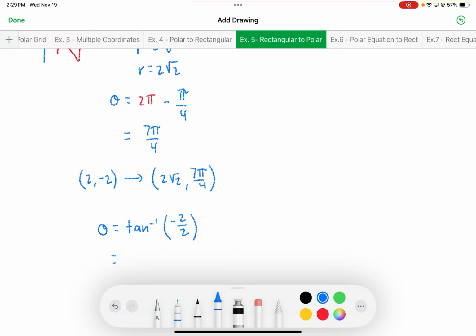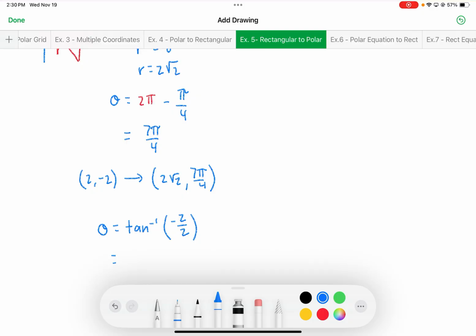and then I go to my calculator, what we have to remember from our trig course is that the inverse tangent function only will give you outputs that are in quadrant 1 or 4. There's a restriction on the inverse tangent function to make it one-to-one. So it's only going to give you quadrant 1 or quadrant 4 angles.